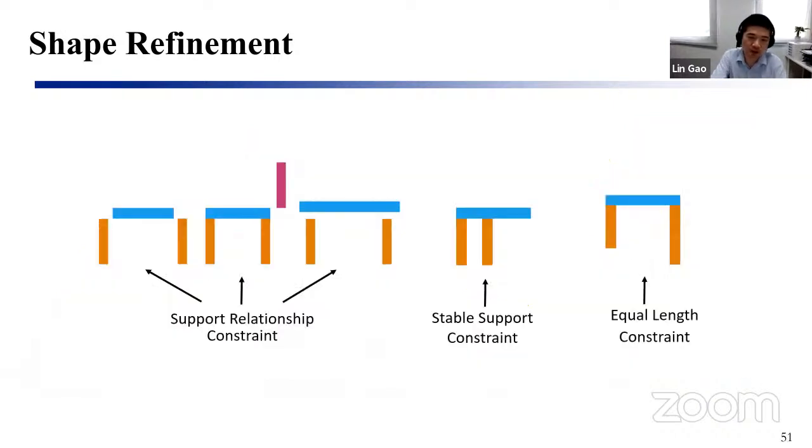So we could do the refinement given the decoded support relation, because we have encoded the support relation, and also we could decode it. The support relation would be used to do the shape refinement.